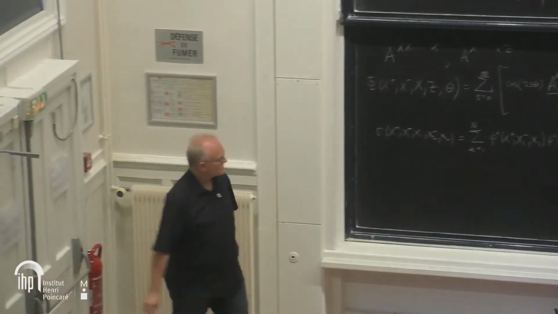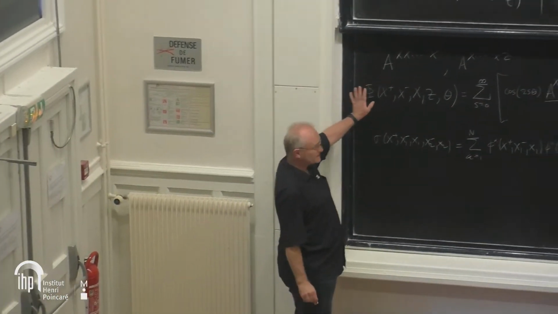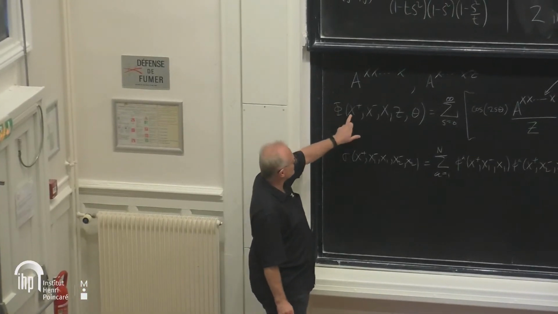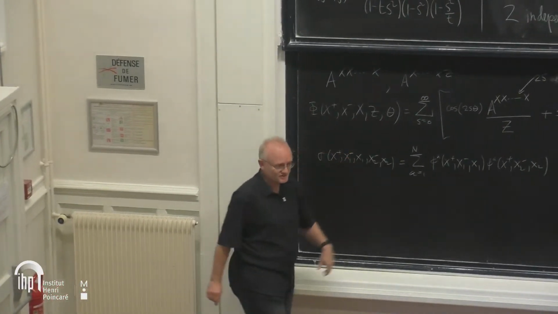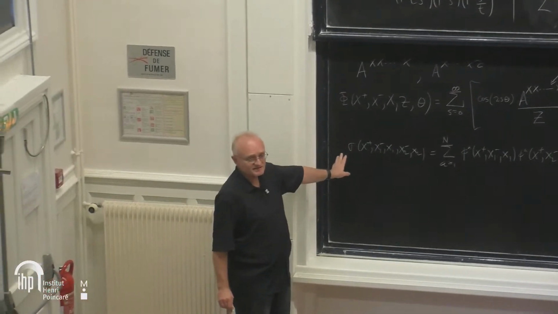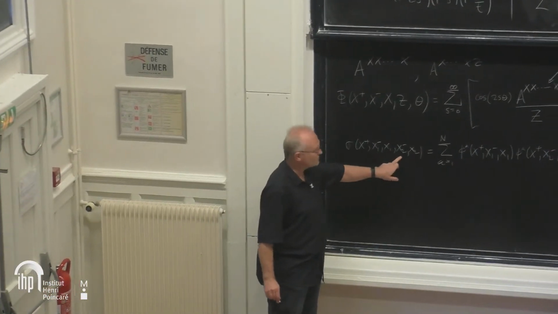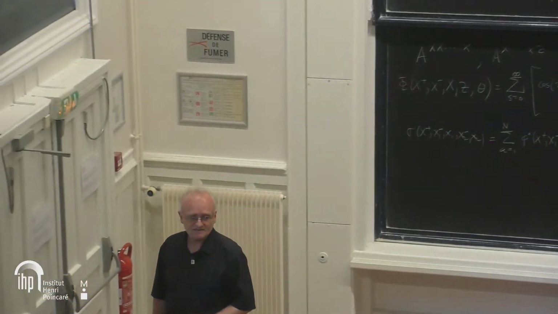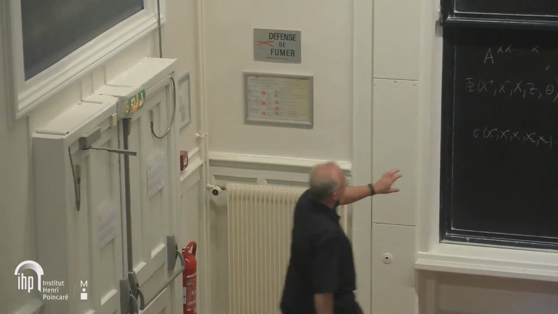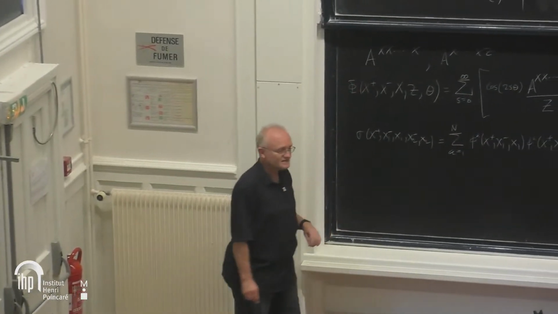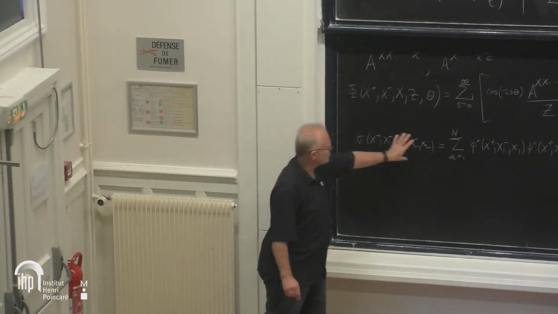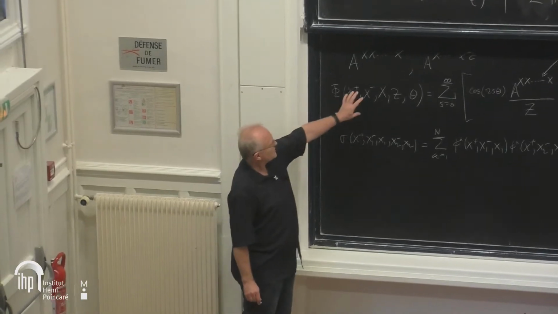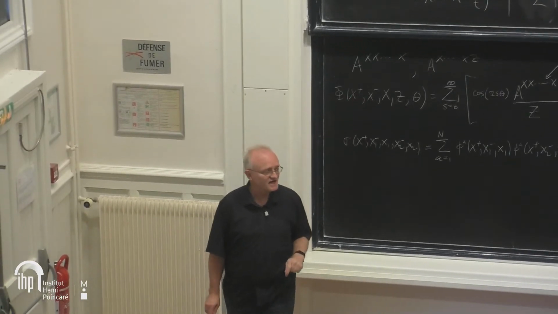And what you will notice is this is a single field that depends on 1, 2, 3, 4, 5 coordinates. So can we identify those two fields? Is this giving us the higher spin field? And if so, how are the coordinates of the CFT to be identified with the coordinates of the higher spin gravity?